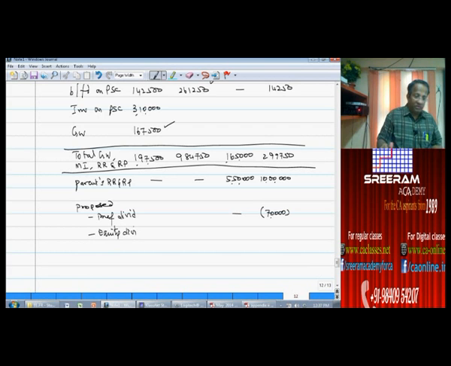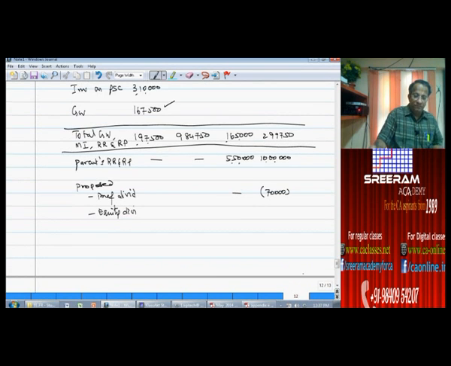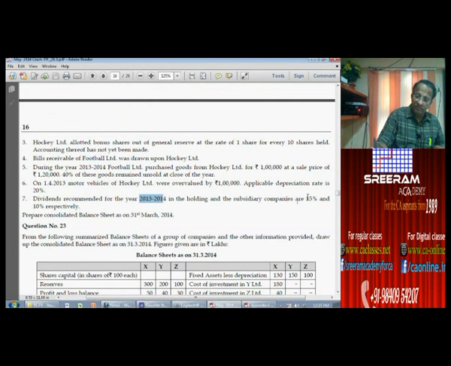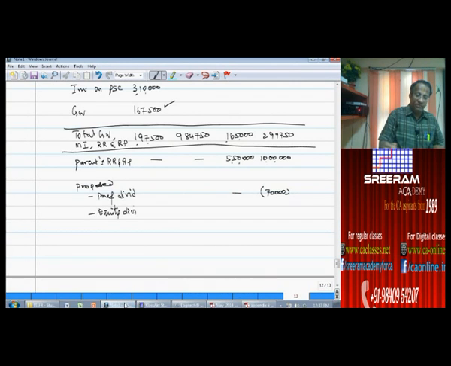Correct? Then, what is the percentage here? 15%. 15% on 48 lakhs: 7 lakh 20,000. Correct? No.